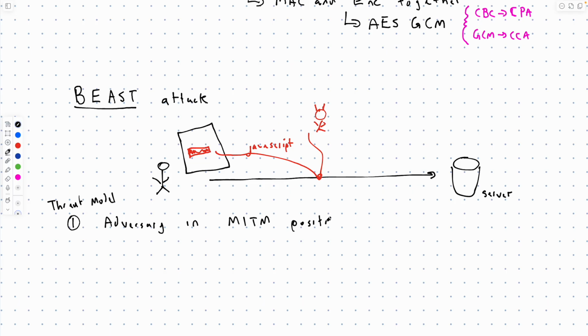How do they get there? BGP hijacking, ARP spoofing, that kind of thing. Mainly the adversary becomes man in the middle because of BGP hijacking, right? Or they're just on the same Wi-Fi, or you're connected to the wrong Wi-Fi.